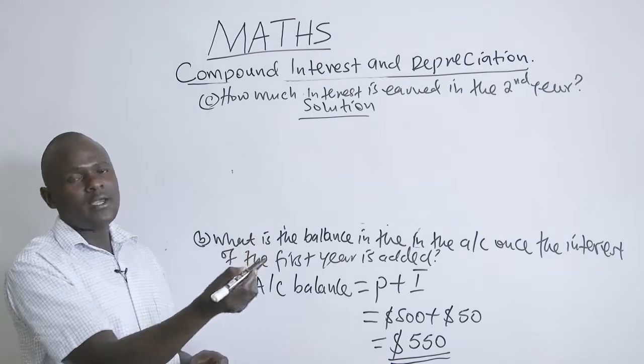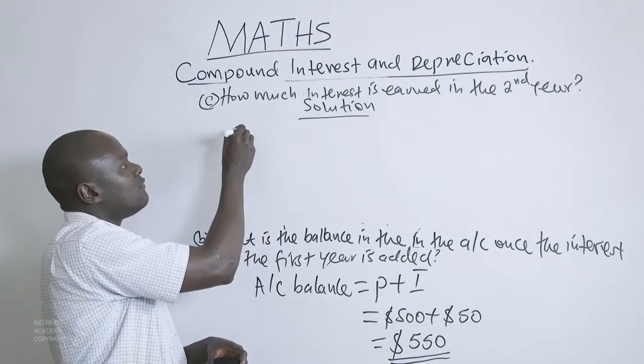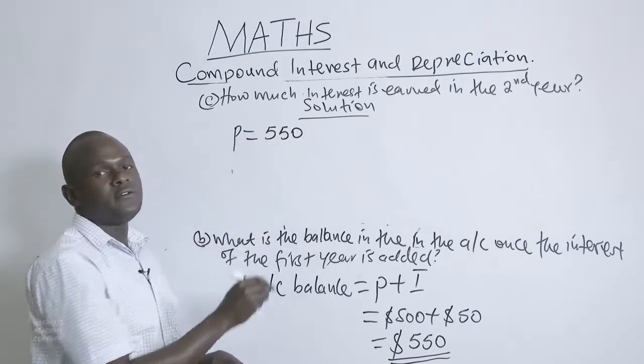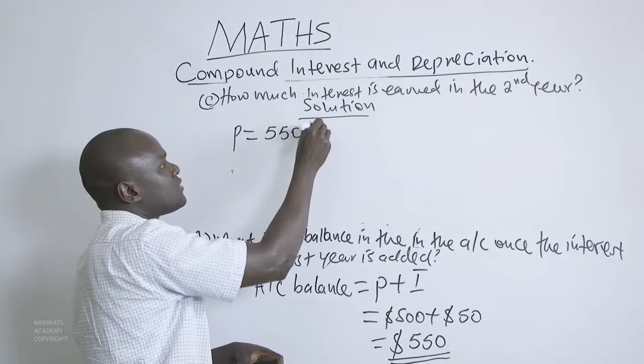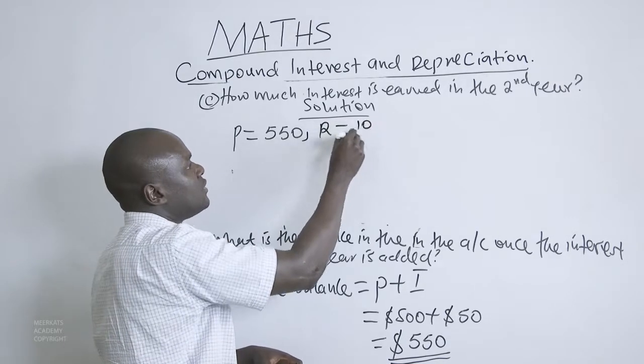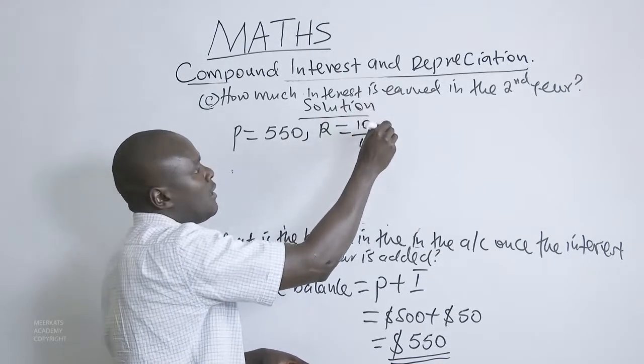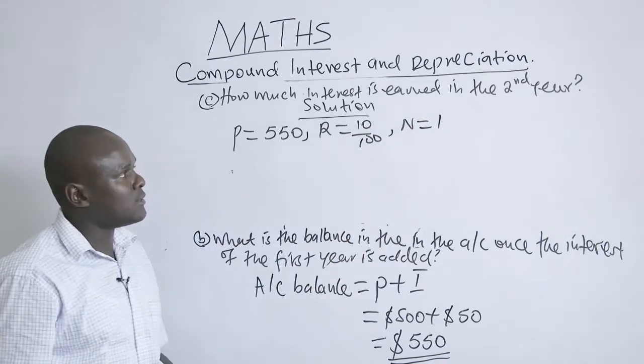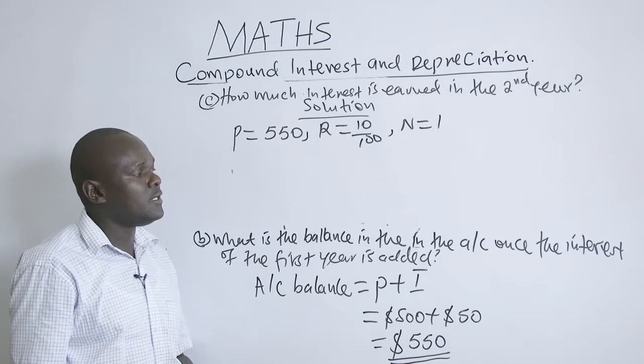So we can go ahead and list the items that we have. The principal is the new principal of $550. The rate will remain 10 out of 100, and the period is another year, that is 1. That is the second year, but it is still 1 year.